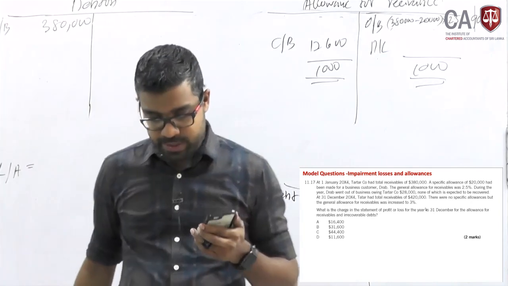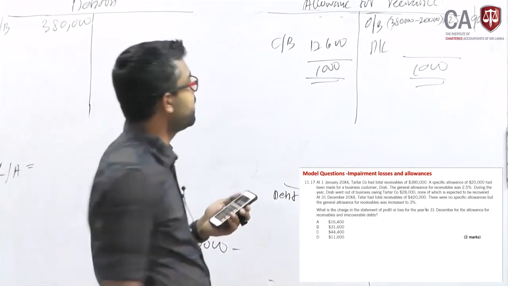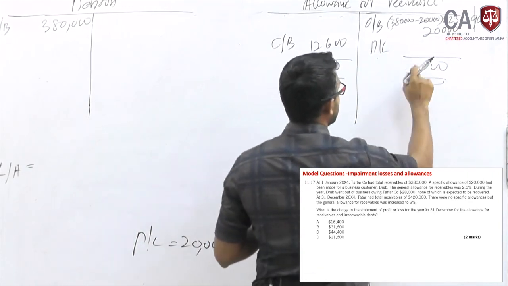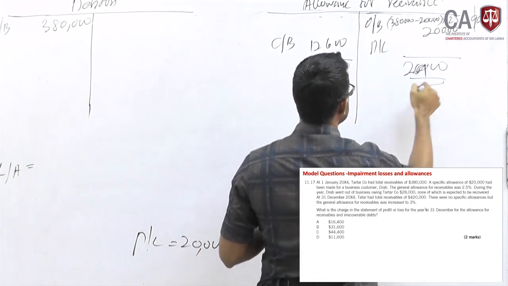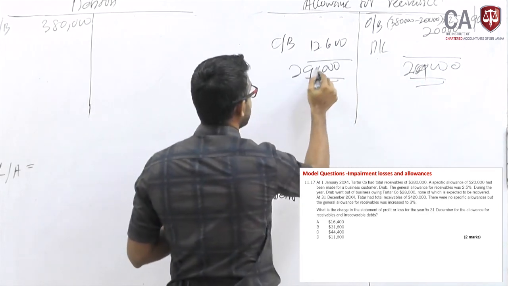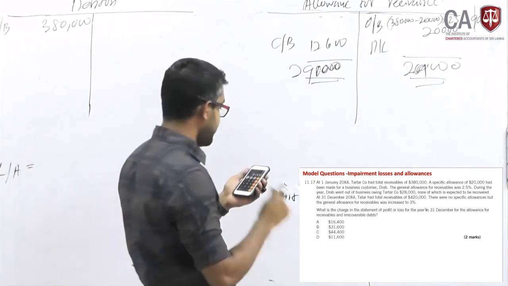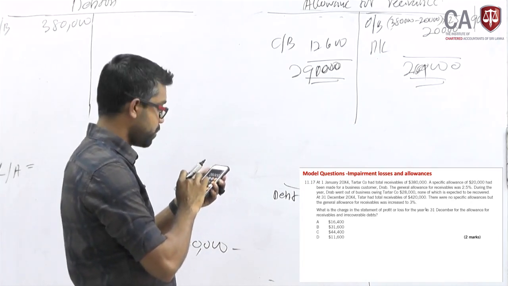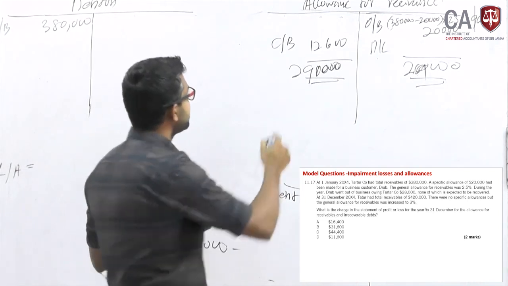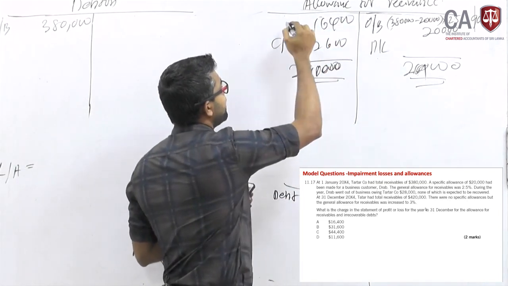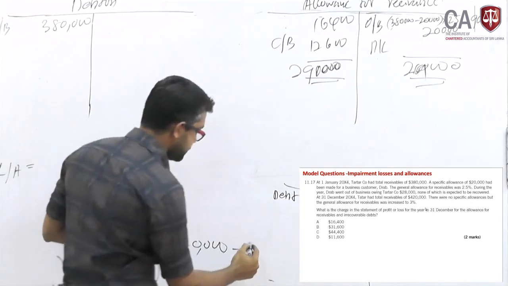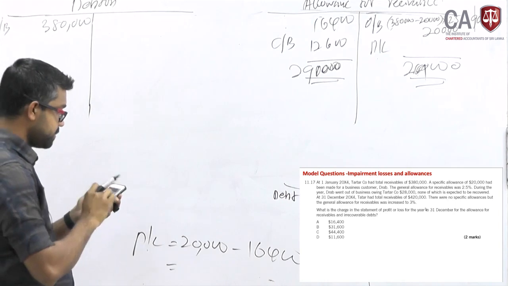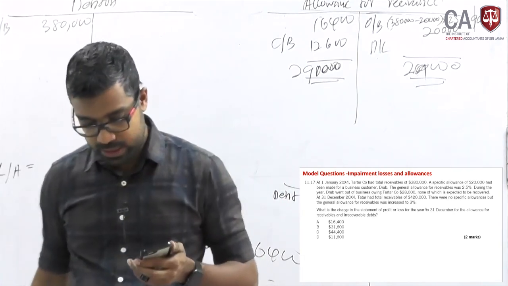And you have charged a specific amount of 20,000, already, so now 29,000. 29,000 minus 12,600 is 16,400. Debit, credit to P&L, 16,400.